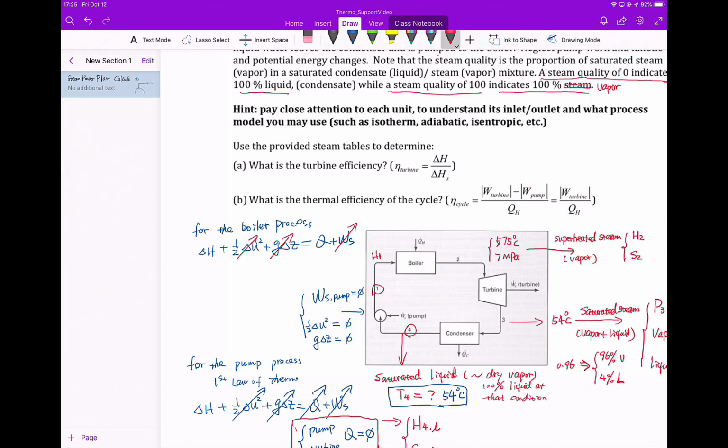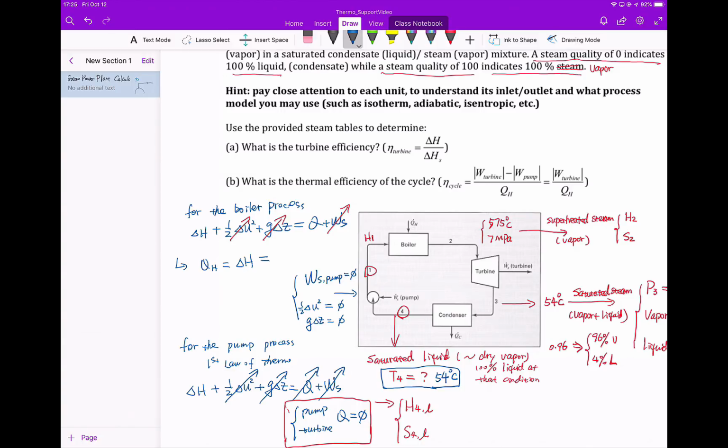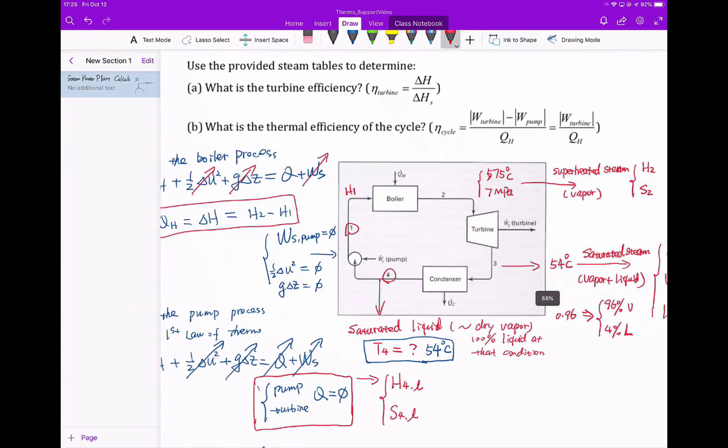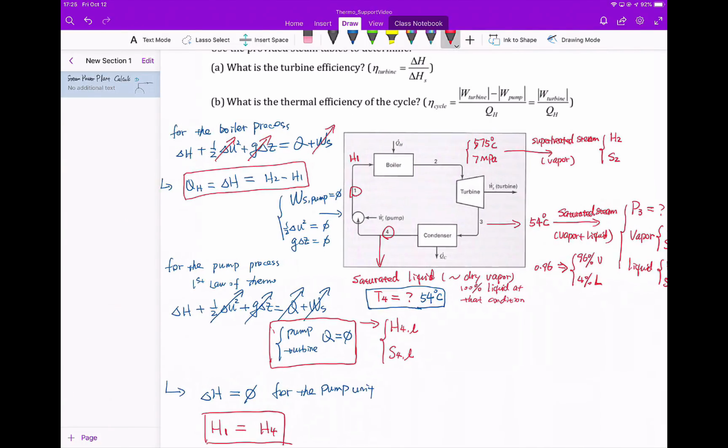So that would give us that QH is simply delta H, right? What is delta H? Delta H is H2 minus H1. Okay. So now I feel like as long as we are able to read the steam table for all those conditions, and we perform the calculation of the turbine, part B shall be straightforward.